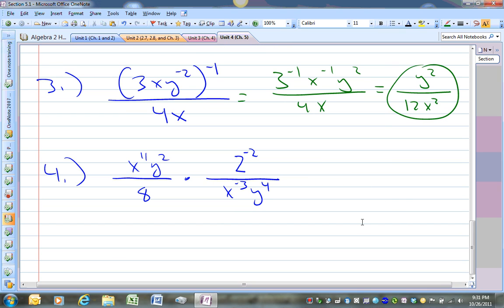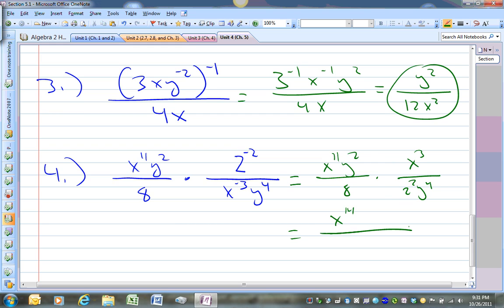And here's the last one. If I take care of the negative exponents, I'll have x to the 11th, y squared, over 8 times x cubed, 2 squared, y to the 4th. Then if I combine stuff, x to the 11th and x cubed become x to the 14th. 2 squared is 4, 8 times 4 is 32.